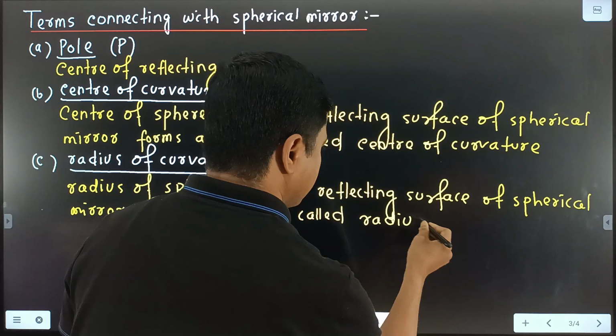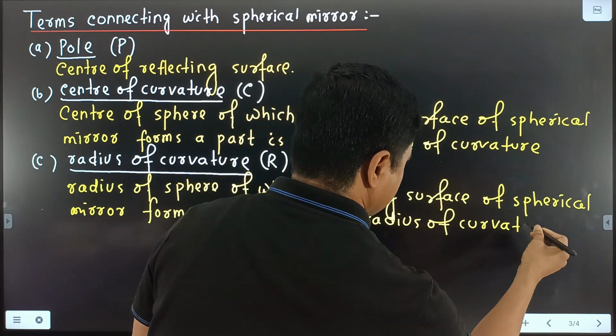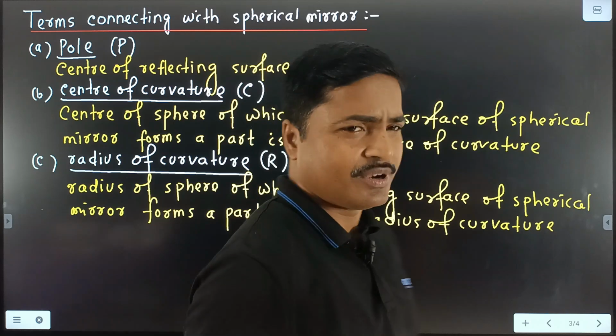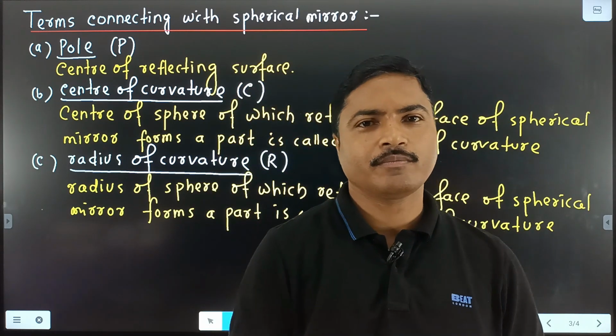Very simple. Simply radius of the sphere is known as the radius of curvature of the spherical mirror. Clear?